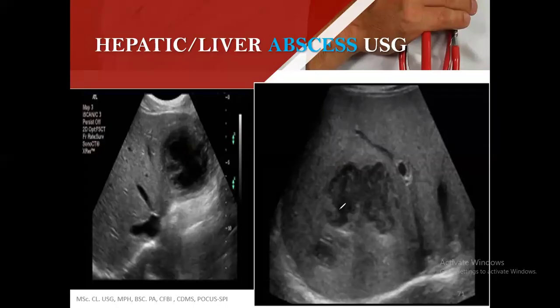So if you see this abscess, you can see the wall. This one too, you can see this abscess over here. You understand? So when you put Doppler on it, there is no way it will show flow inside because the cells are dead in there.